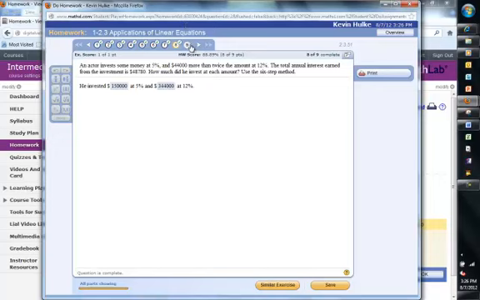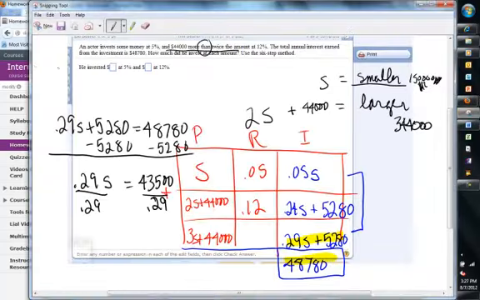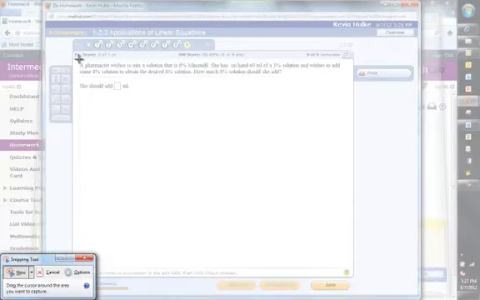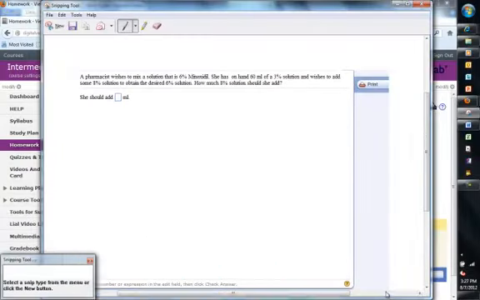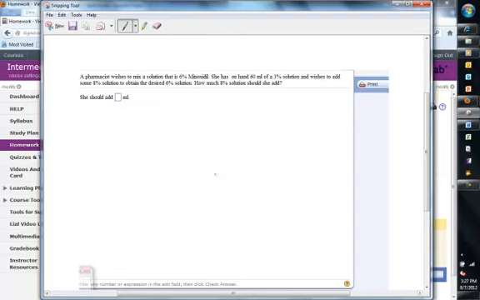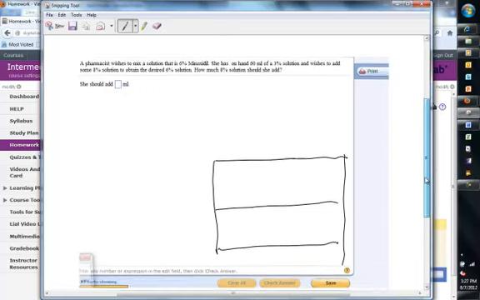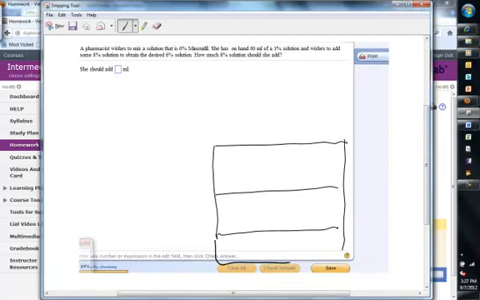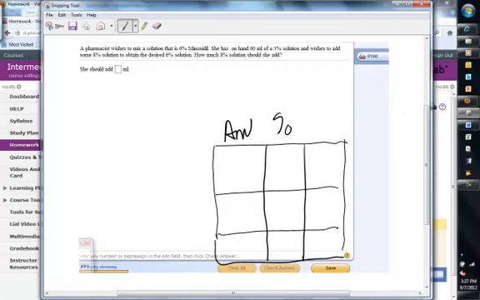Next one. Same kind of a problem that we can use our chart on at least. It's not totally the same. But we've got our multiplying chart. This is where the percent goes. This is the amount.